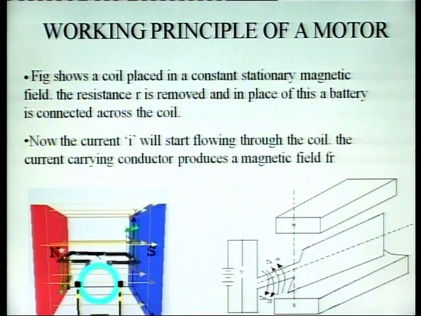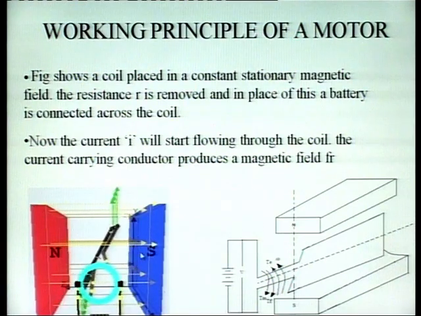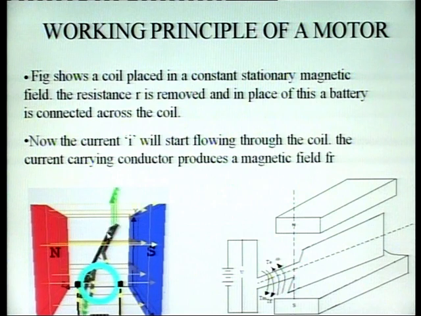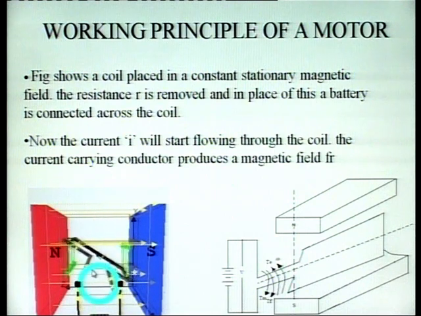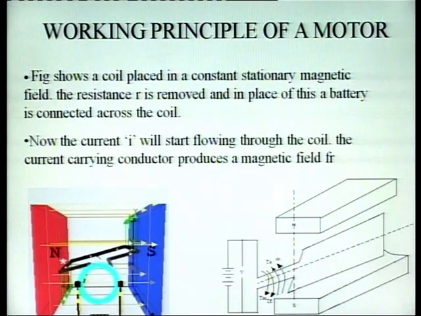This field, this green line, tries to come in line with the main field. When this rotor field tries to come in line with the main field, a force will be exerted on this conductor and it will start rotating in the direction of alignment of these two fields. That is, the torque will be induced with the help of the interaction of these two fields, that is the main field and the rotor field.